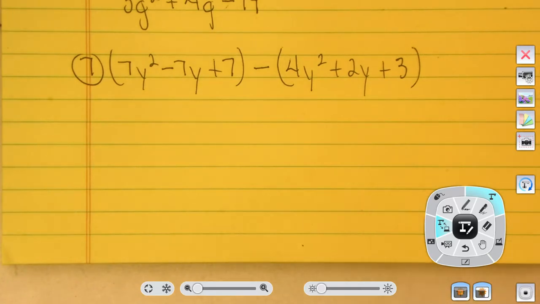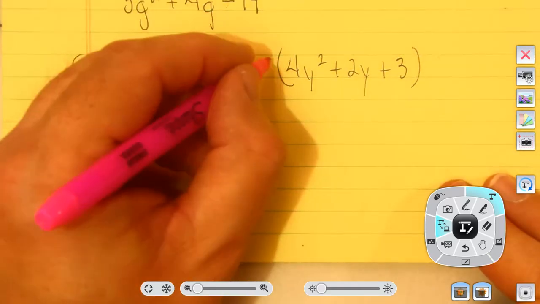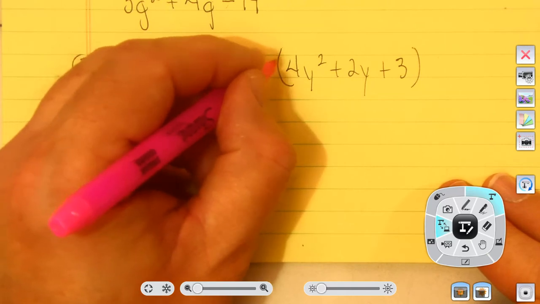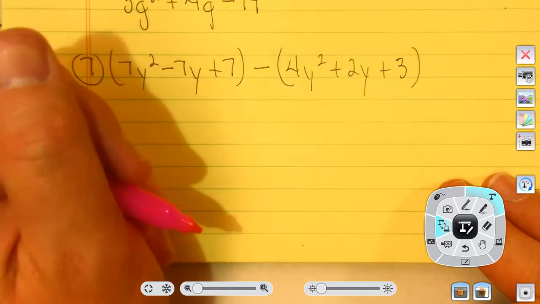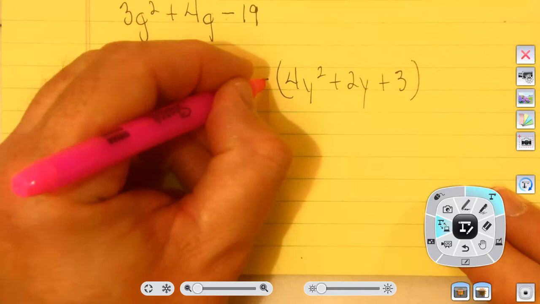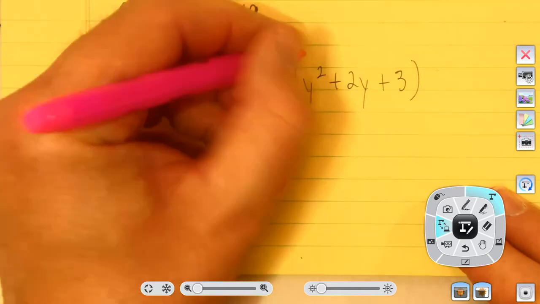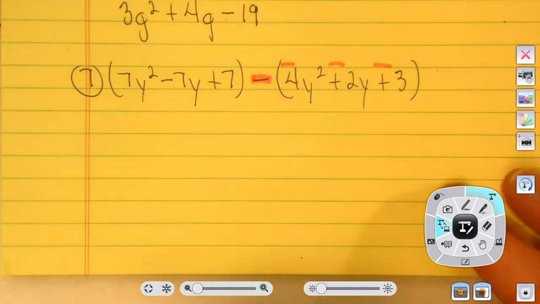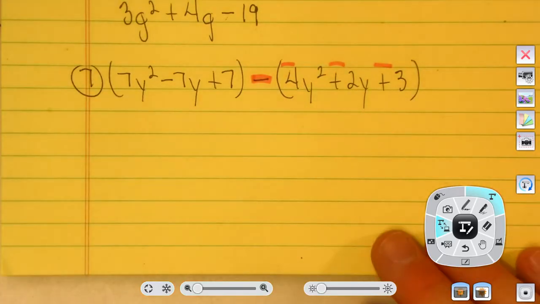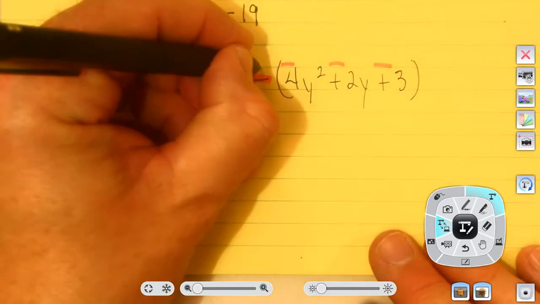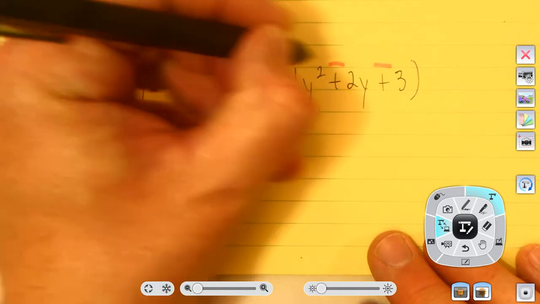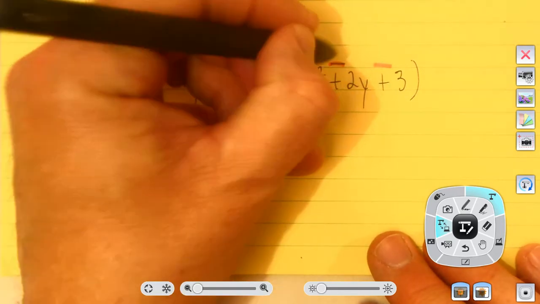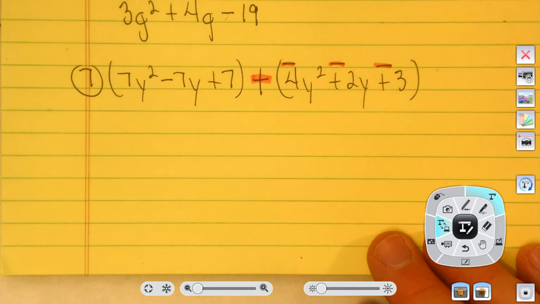Remember, when I go to subtract, I'm actually going to just add the opposite, and I have to distribute the negative sign through again. So this becomes negative, this becomes negative, this becomes negative. So we'll rewrite as an addition problem, and I'm going to add a negative 4y squared, negative 2y, and a negative 3.